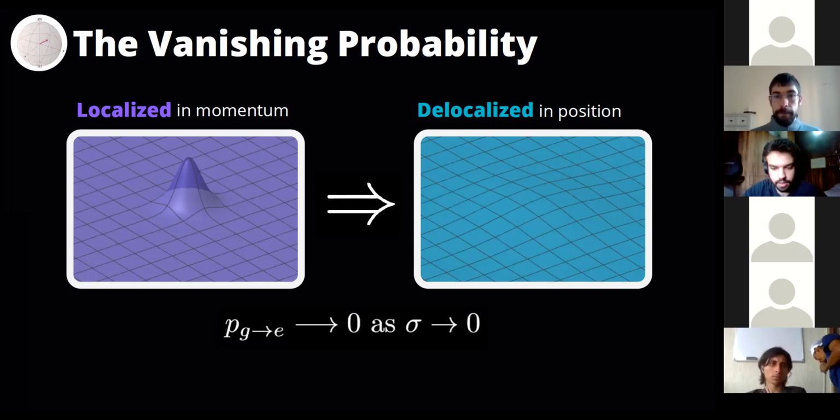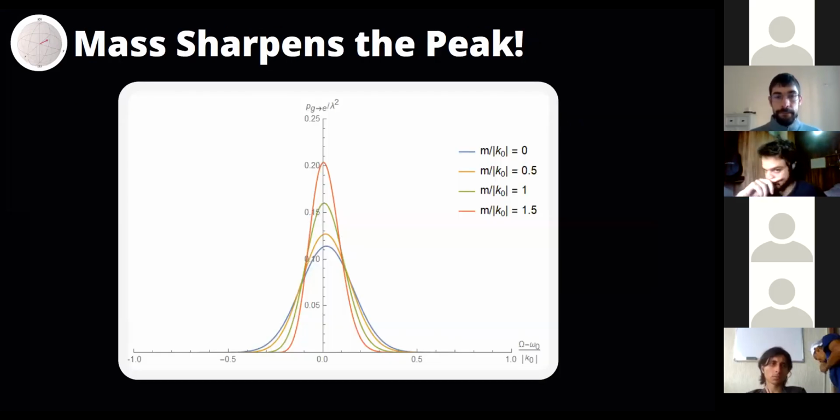And then just a last plot regarding this massive case, so that we can see the effect of mass. Here are the plots for increasing mass, for sigma equals 0.1. As you can see, mass really sharpens the peak.